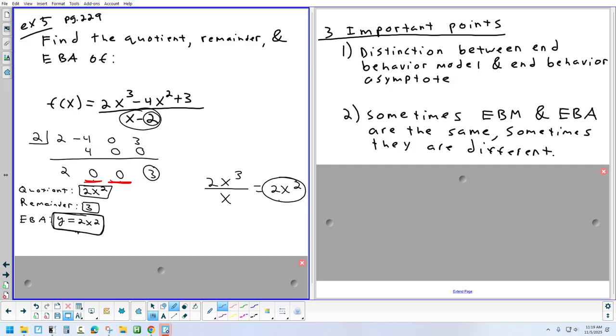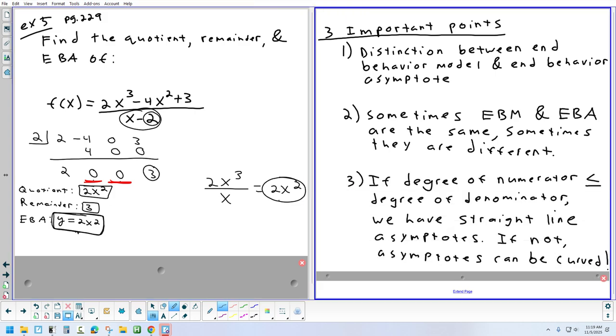No. What is it? A parabola. So this is an asymptote that curves. We're going to draw a picture of that in a second and take a look at it. You can only get asymptotes that curve when the degree in the top is bigger than the bottom.